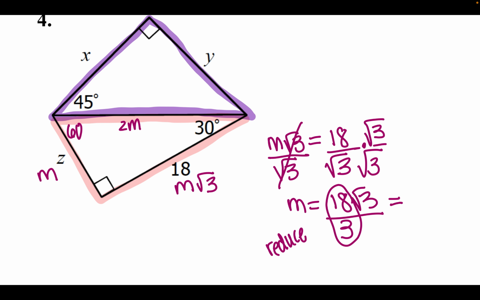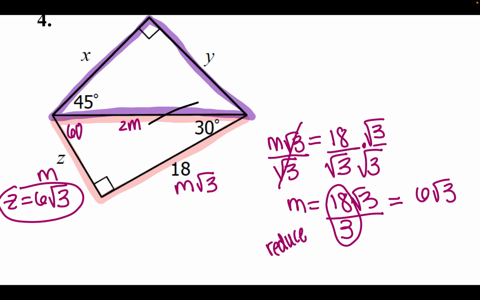So m is actually going to be 6 square roots of 3, which means z is 6 square roots of 3 because z is m. So z is 6 square roots of 3. Now this shared side, I'll draw a little line over here, that's 2m.